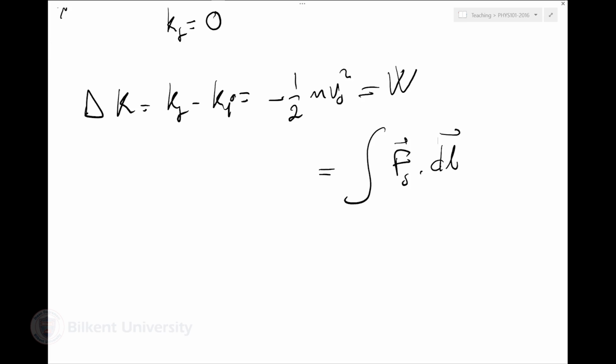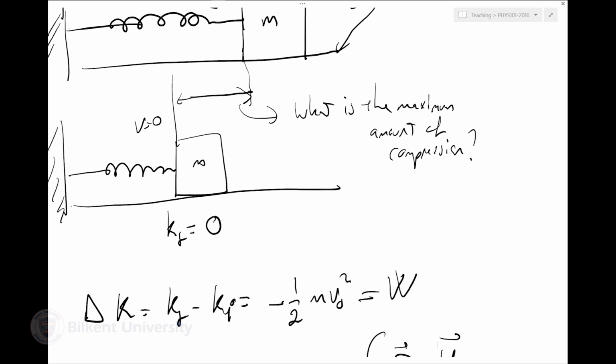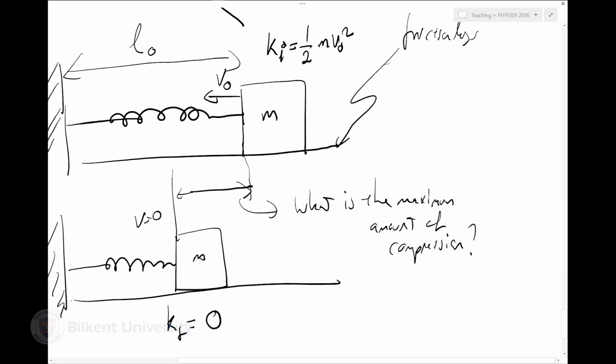Now let's think. Which way is my object moving? It's moving in the negative x direction. Which way is the spring applying the force? Opposite to that. So what's F dot dl? It's always going to be negative.